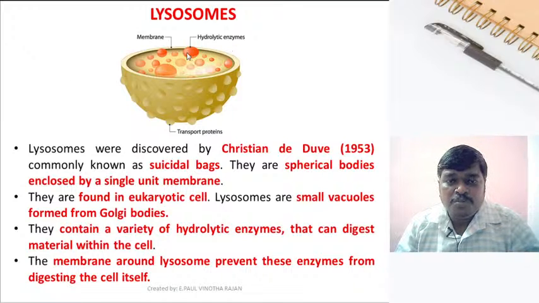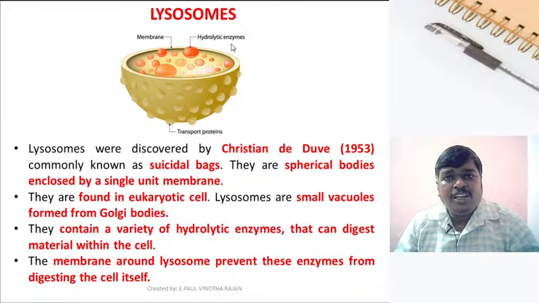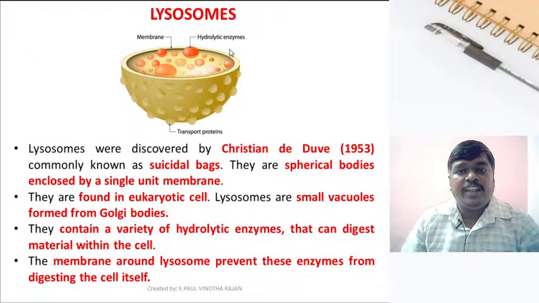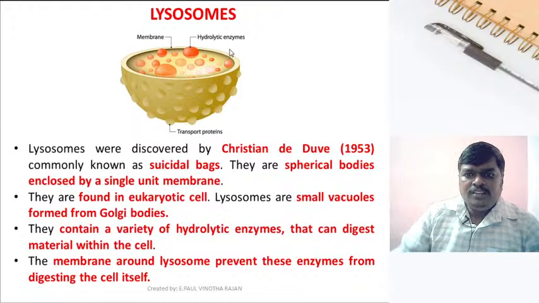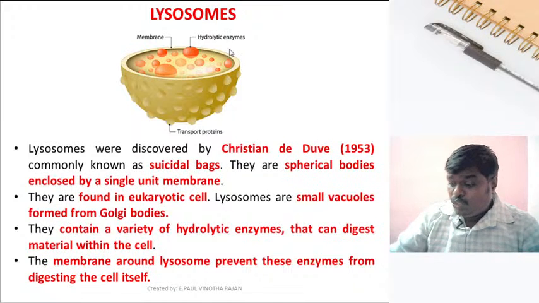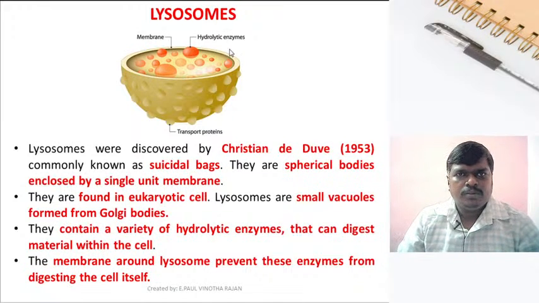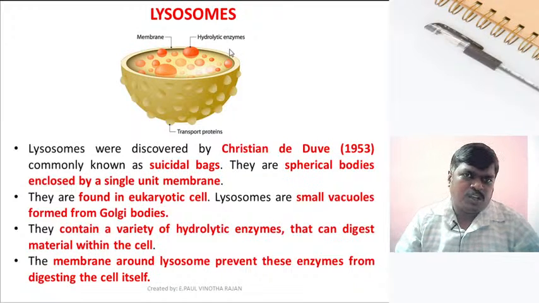Can you all see this structure of lysosomes? It contains a particular enzyme called hydrolytic enzyme, which is mainly used in the digestion process. You might have seen the phagosomes or phagocytosis process.